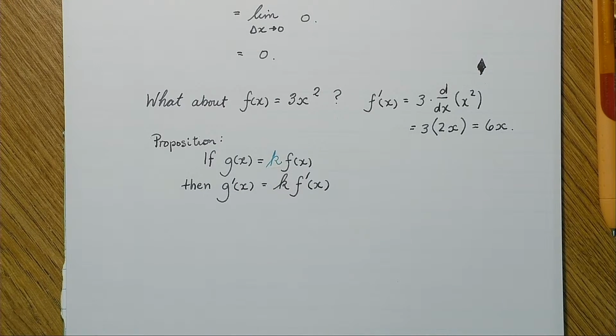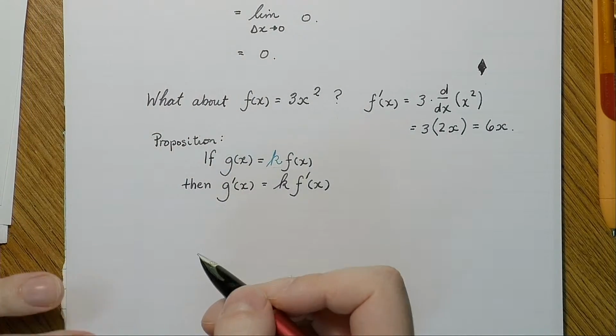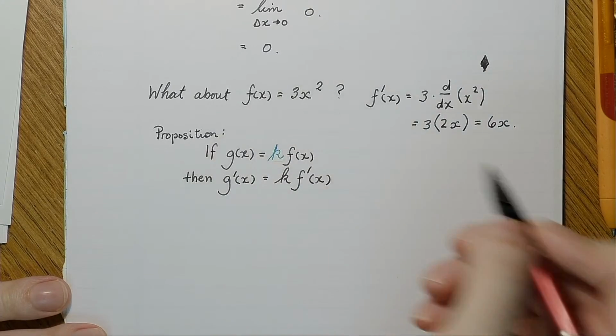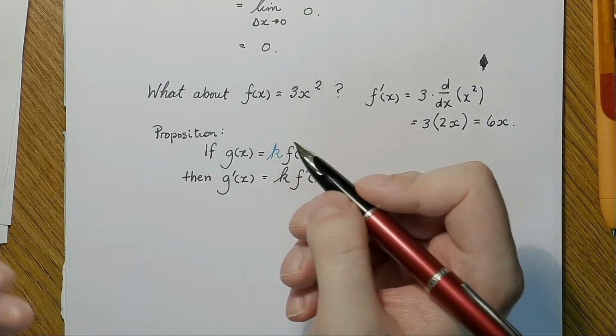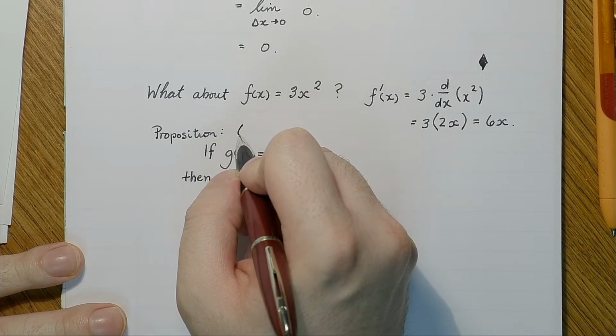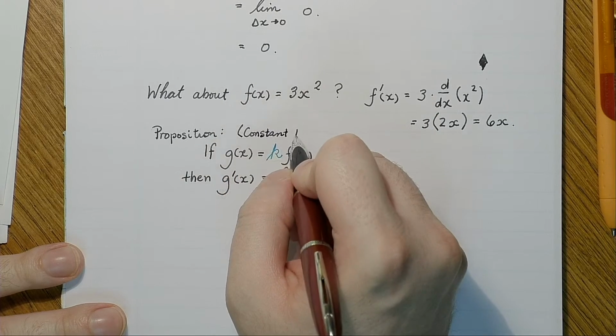So that's what we would like, and in fact it does. I'm saying it's a proposition because I haven't proven it yet, but it is. We'll call it the constant multiple rule.